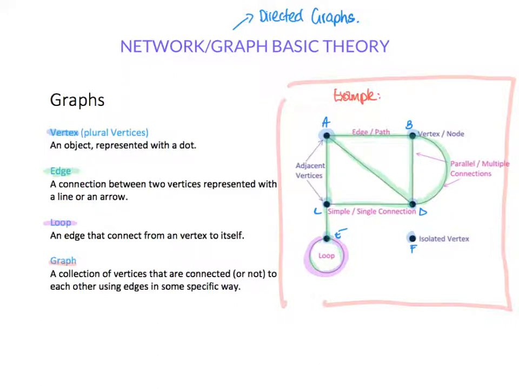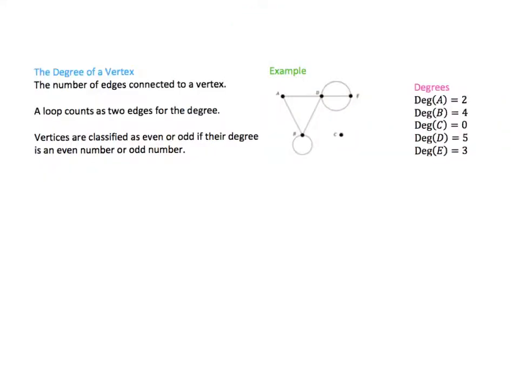All right, let's move on. Here we're going to look at the degree of the vertex. Remember that the vertex is these points here. Here I've got 5 vertex. Now, when they say the degree of the vertex, it's how many edges are coming out of the vertex.